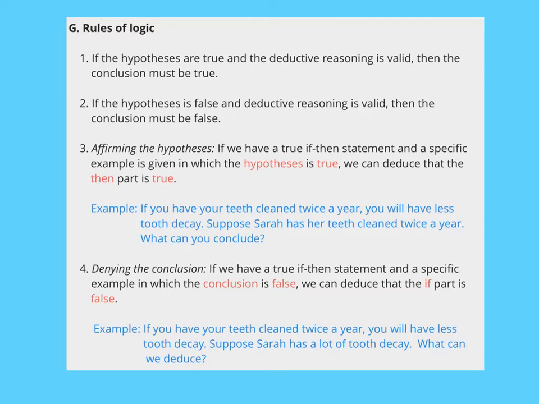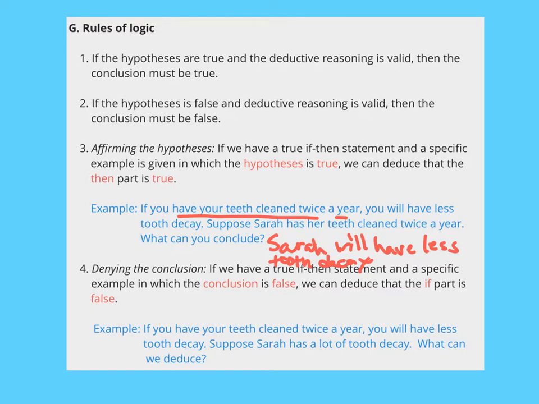Because Sarah is following what the hypothesis says, she's having her teeth cleaned twice a year, it is safe for us to conclude that Sarah will have less tooth decay. So that's an example of affirming the hypothesis. We'll try an example or 2 of this on the next slide.